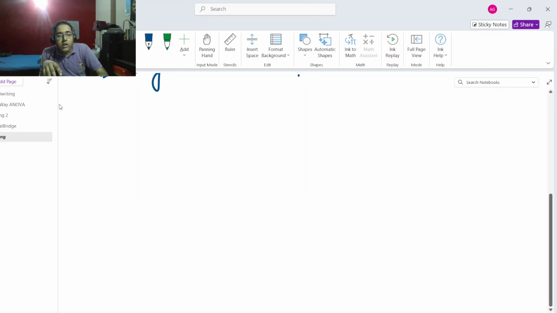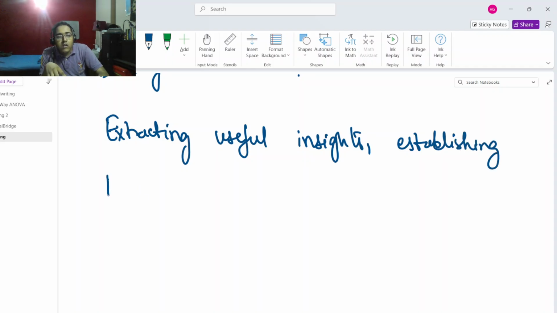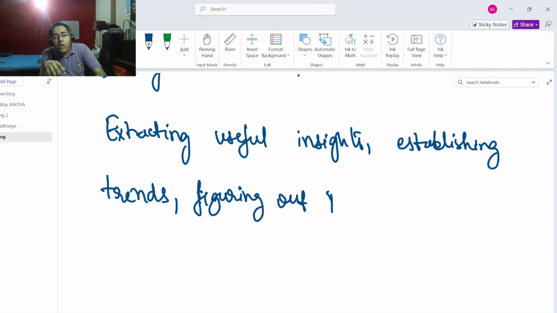If I were to tell you in layman's terms, data science is basically extracting useful insights, or establishing trends, figuring out patterns, using data.